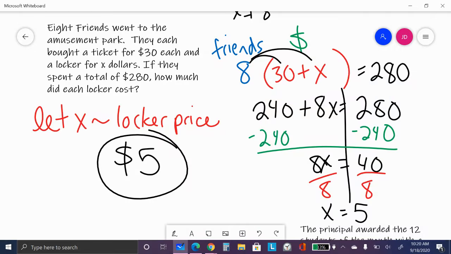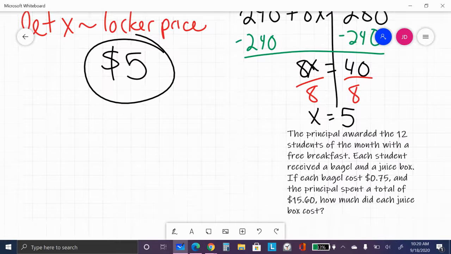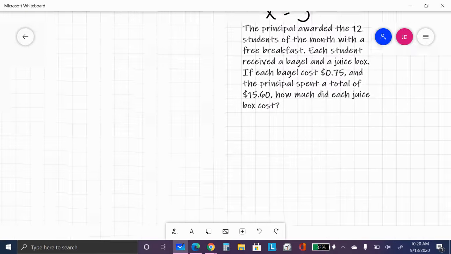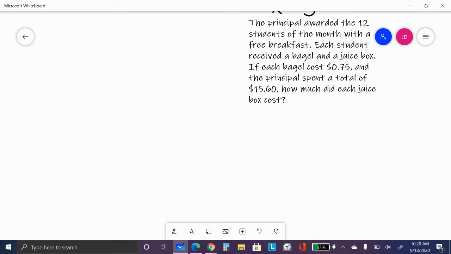One more. Let's take a look at this last problem here. The principal awarded 12 students of the month with a free breakfast. Each student received a bagel and a juice box. If the bagel cost 75 cents and the principal spent a total of $15.60, how much did each juice box cost?